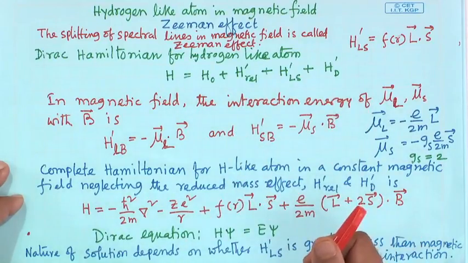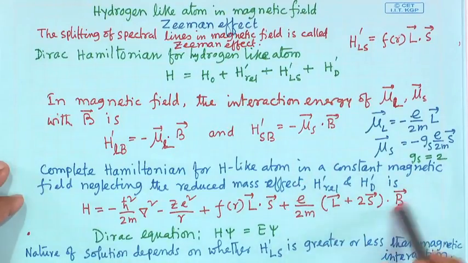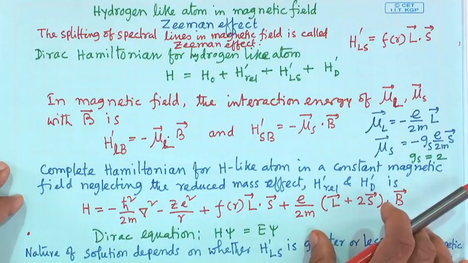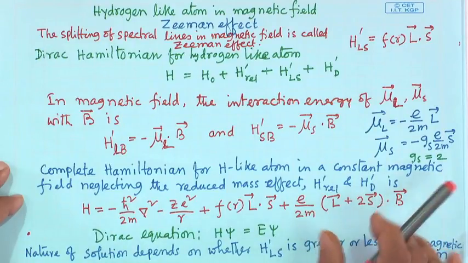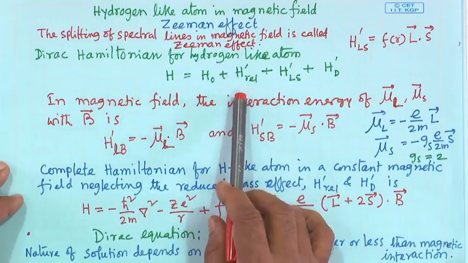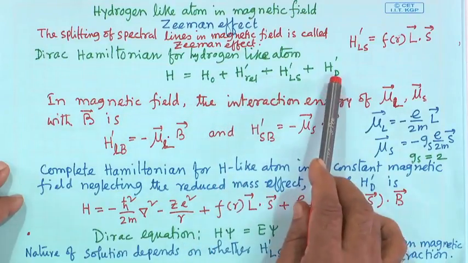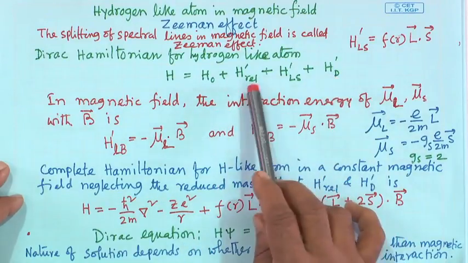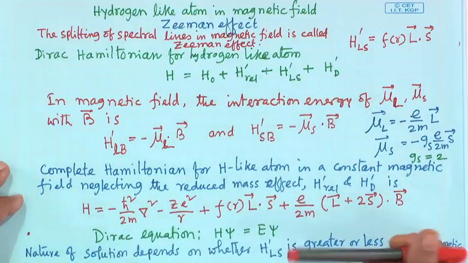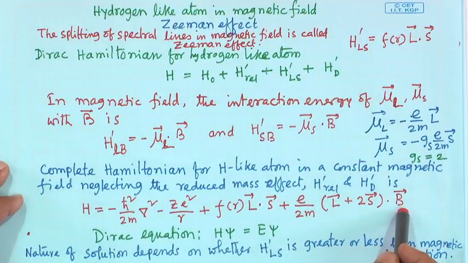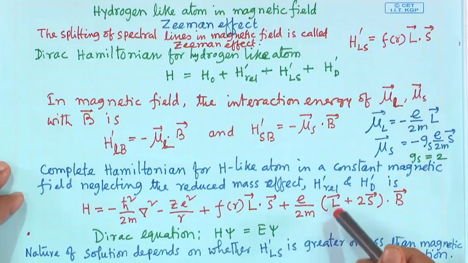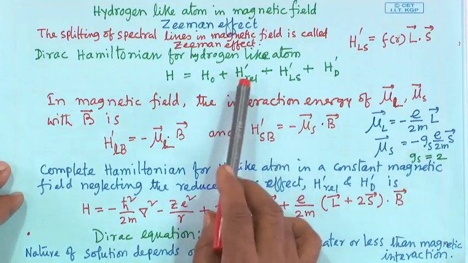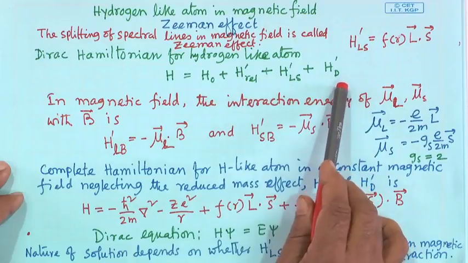But when the magnetic interaction term is weak, or comparable to H relativistic and H Darwin, then one has to consider them. Here I assume the field is not very small, so this term is appreciable and higher than the relativistic and Darwin terms.